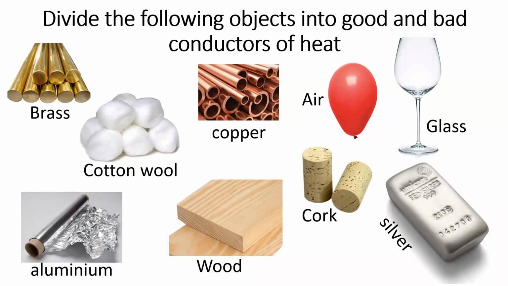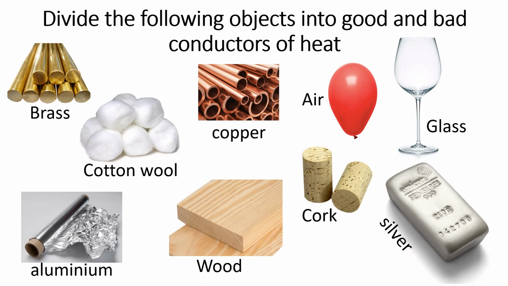Right, you could be asked to categorise certain objects as good and bad conductors of heat. What I would like you to do is pause the video and sketch a table.